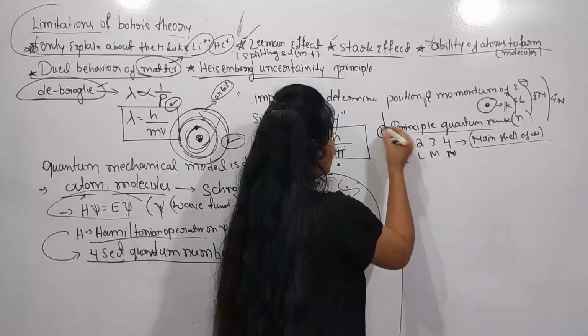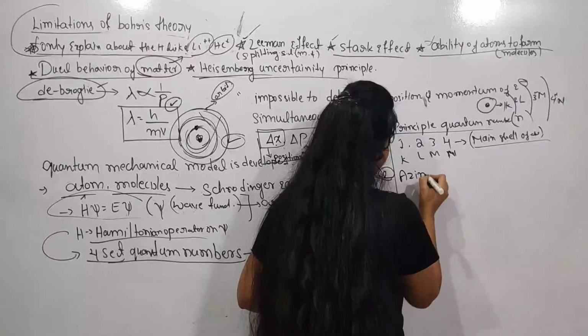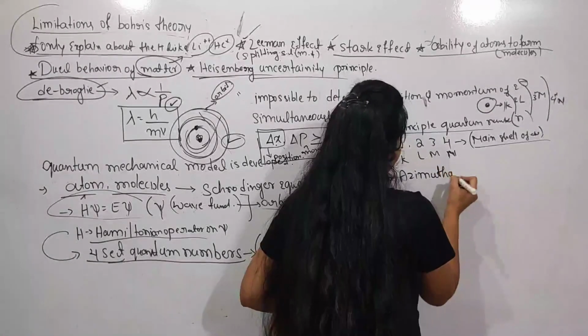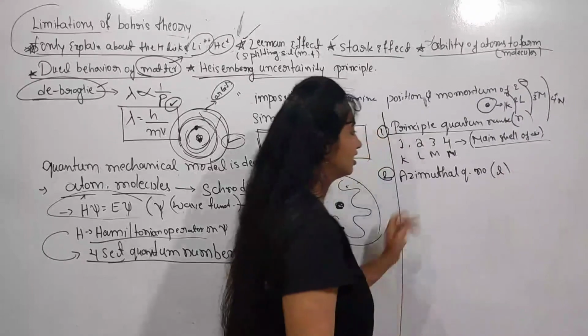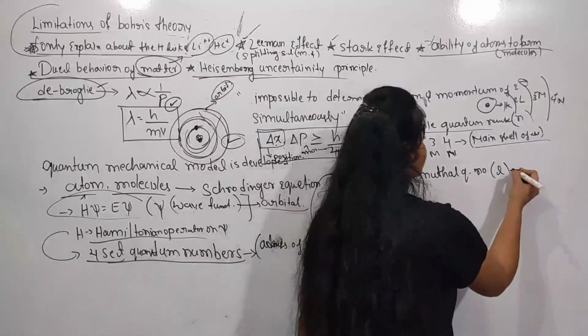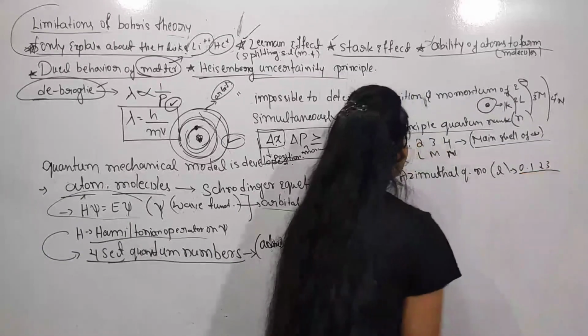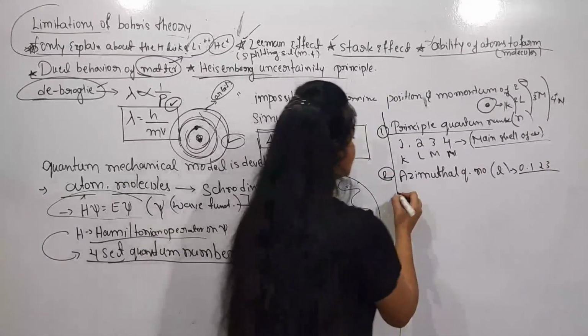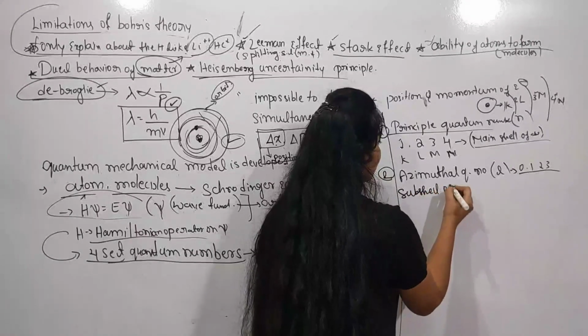And the second quantum number is the azimuthal quantum number. It is denoted by l, and its value starts from 0, 1, 2, 3. This talks about the subshell of the atom.